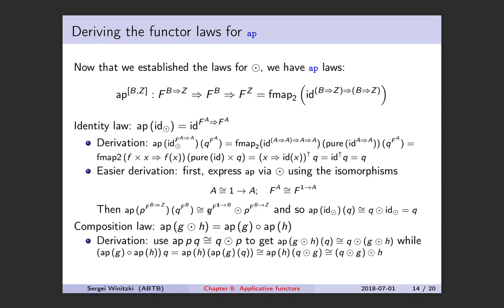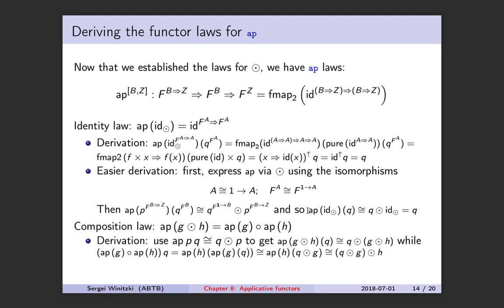So Q F1 to B can be composed with P Fb to Z, and you get something of type F of 1 to Z, which is equivalent to Fz. So that's Fz. So in this way, we can equivalently rewrite app as just this categorical composition.